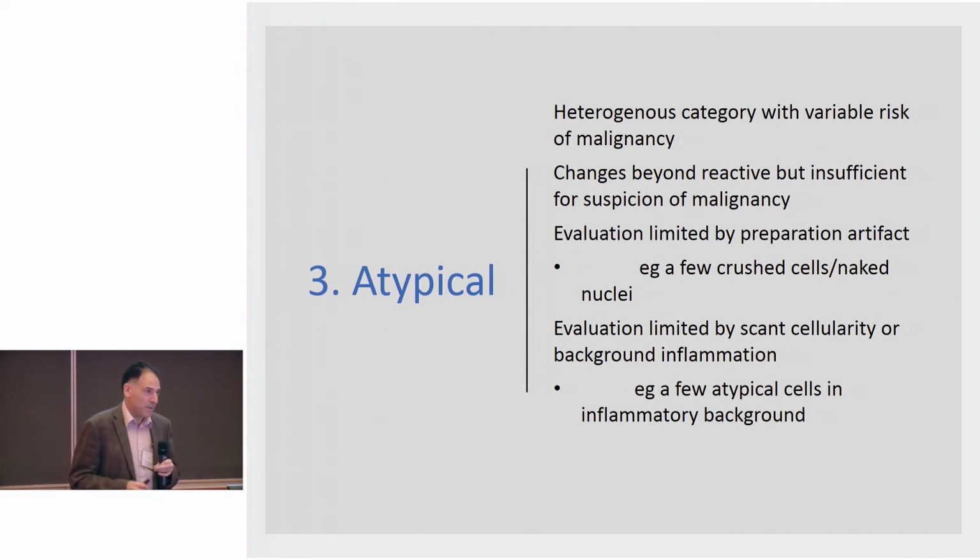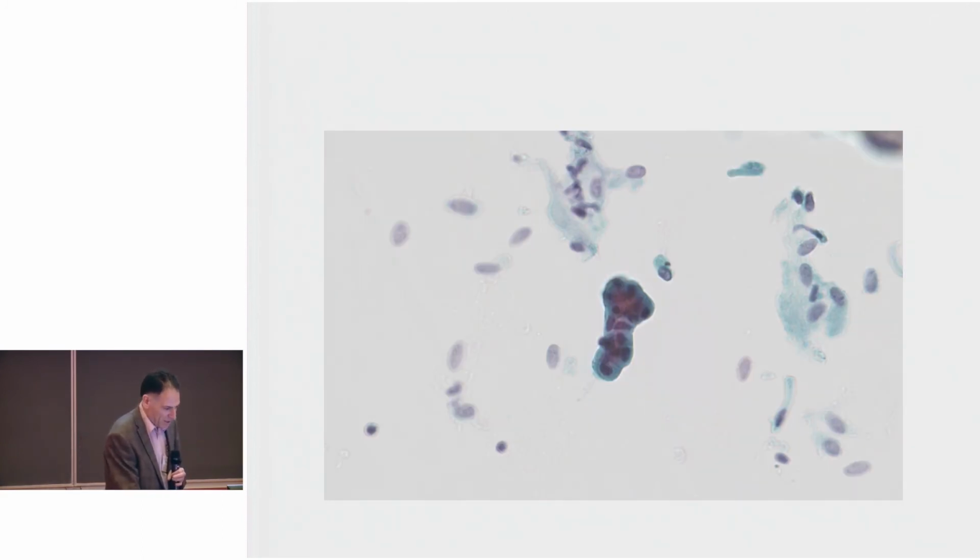So this is really where the pathologist is sitting on the fence and saying, we're really not sure, we don't know. Just an example of a fragment which could be from a reactive benign condition, but is somewhat atypical anyway.